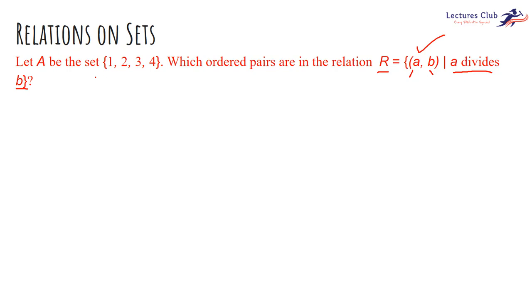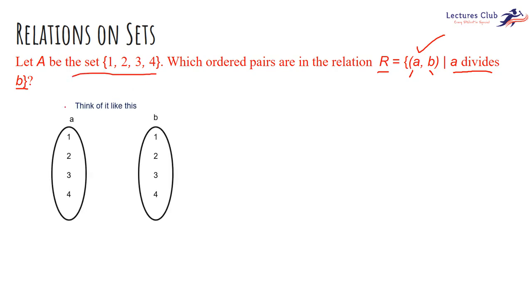To represent this relation in a graph, here I have made two elliptical shapes. In the first elliptical shape, I have written four elements, 1, 2, 3, 4. And in the second elliptical shape, I have again written 1, 2, 3, 4.